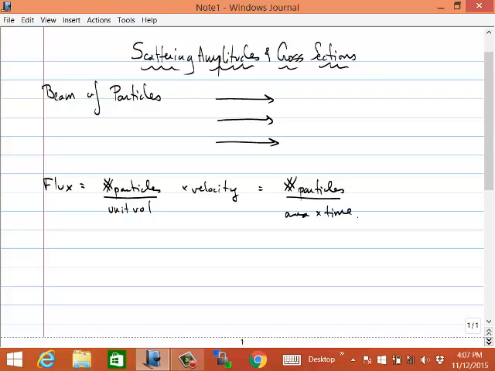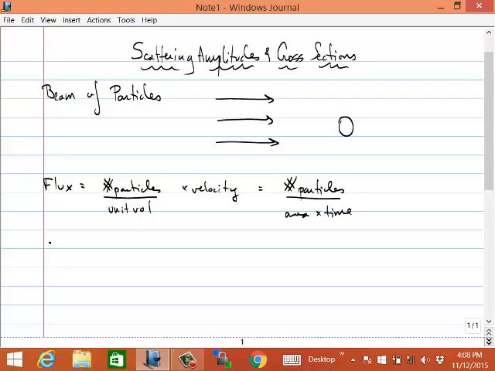So in particular, you could imagine some target here, which has some particular cross-sectional area. And the flux that we're looking at is the number of particles that are incident on that target per unit area of the target per unit time.